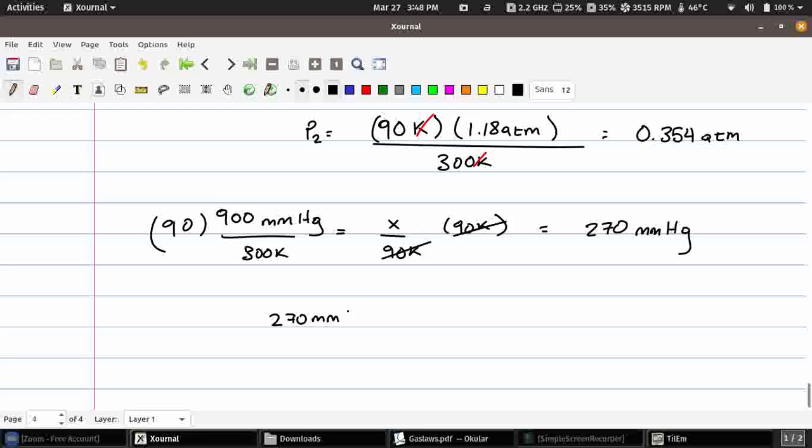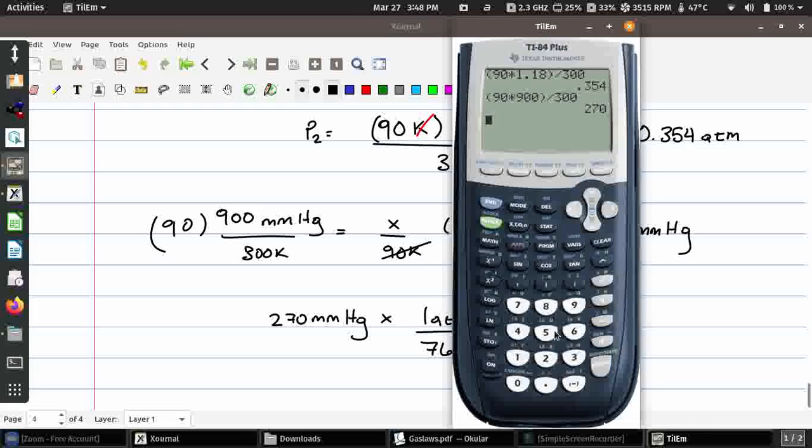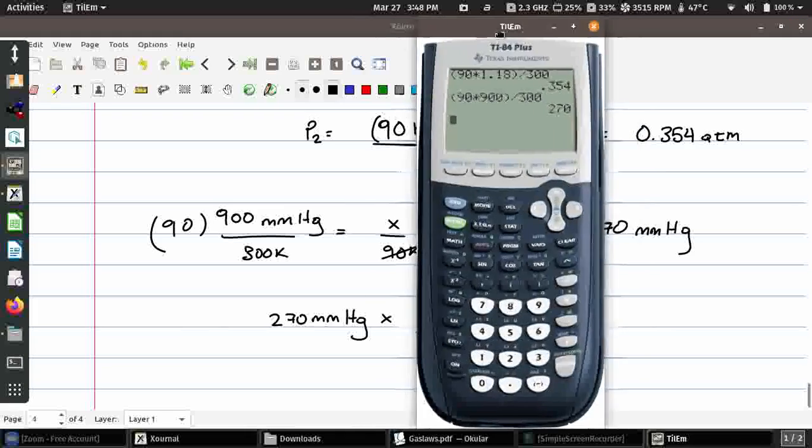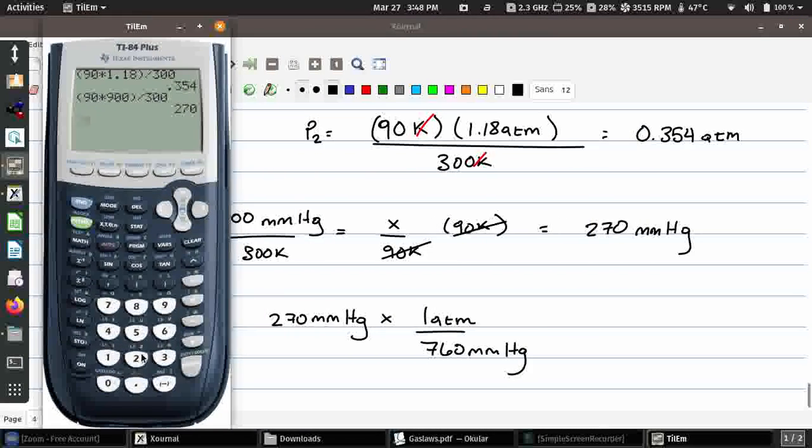So I'm going to show you that these two are the same. 270 millimeters of mercury times 1 atmosphere over 760 millimeters of mercury. Actually, just do 270 divided by 760. See, it's a little off just because of rounding and all that stuff, but it's the same thing.